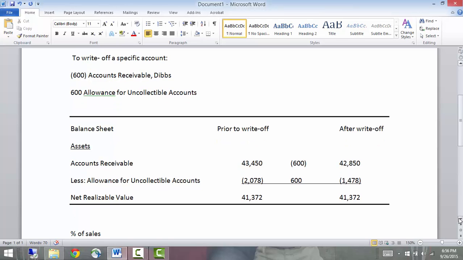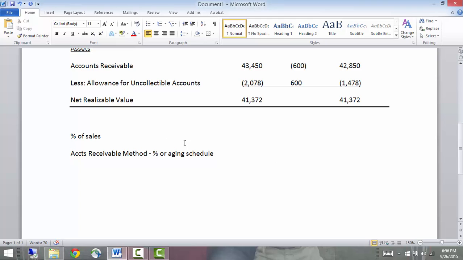Now it gets pretty complicated when you do this, and so we're going to work some problems, but before we do that, I want to give you a formula that may help. You could write it in your book on page 167. It's also in my lecture notes, but on page 167, I think my formula makes more sense than the exhibit they have in the book. So for this accounts receivable method, I would like to use this formula.